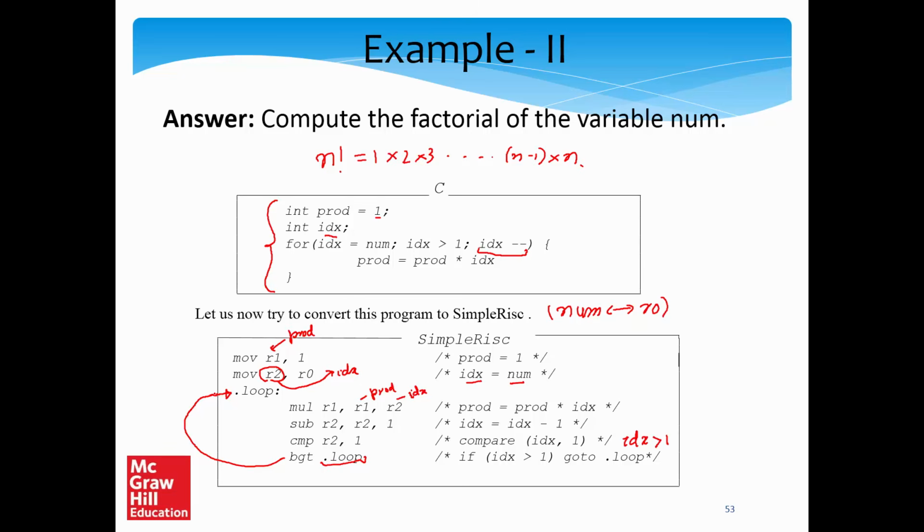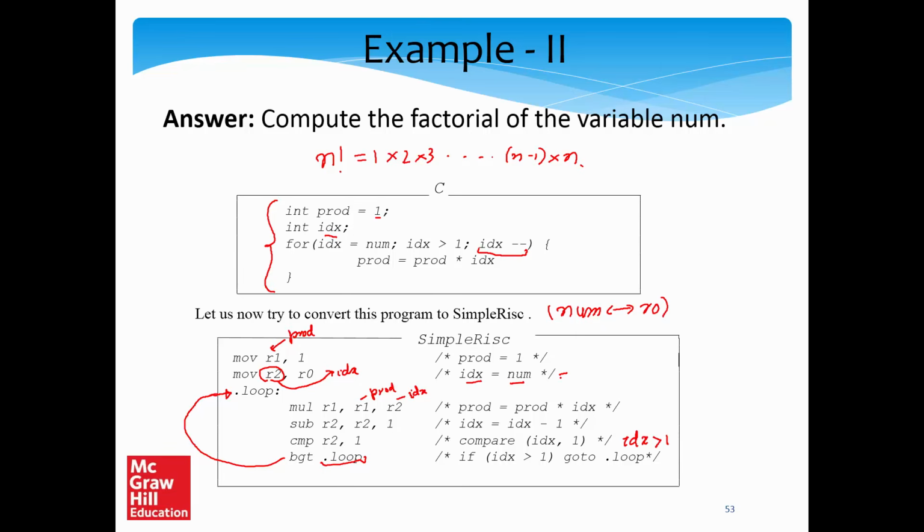So we are doing exactly the same in assembly, nothing different. First we do a register assignment. So num is assigned to R0, prod to R1, idx to R2. We start the iteration the same way as in the for loop, with idx equal to num, in pretty much this statement over here.